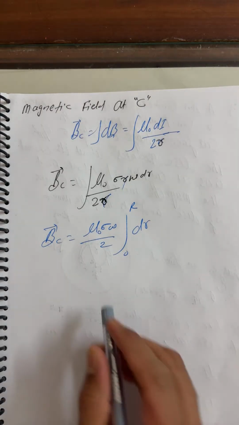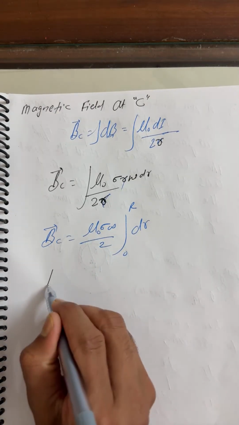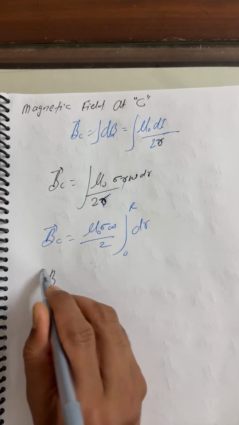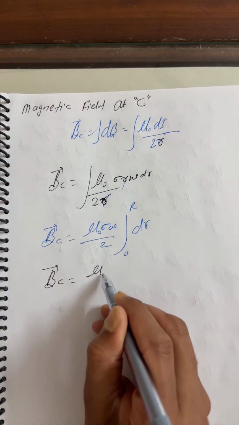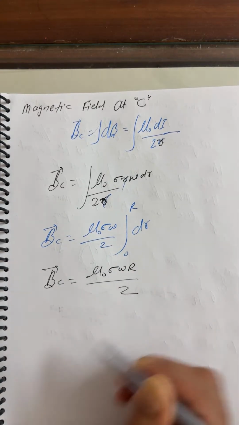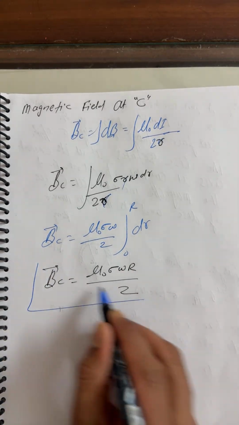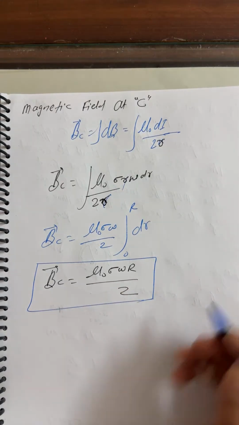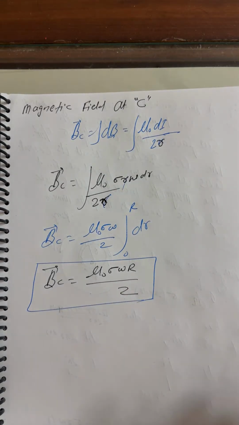Finally, the magnetic field at center is mu naught sigma omega r upon 2. This is the answer to the first part of this question.